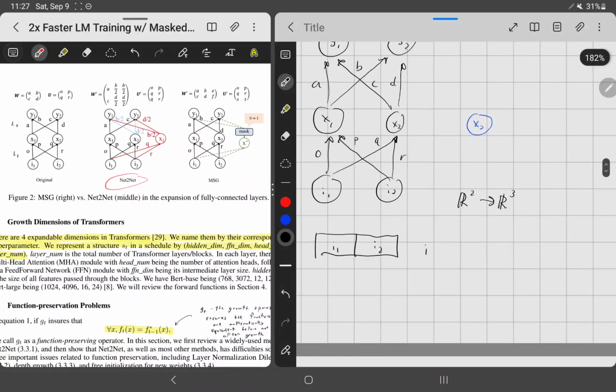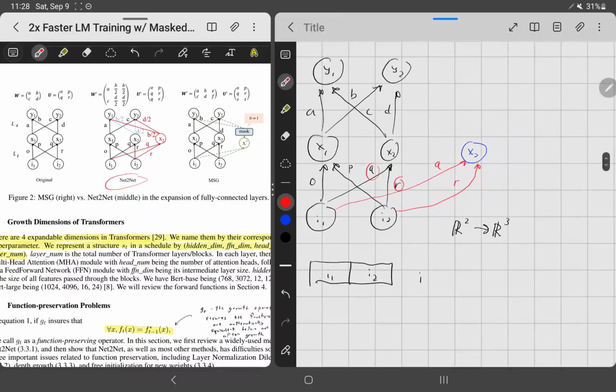Now net2net does this in a way where we basically copy weights Q and R. So let's just arbitrarily copy one of these nodes, and we would copy these weights here, Q and R, and this neuron, or weight multiplication, is the same. So the output here and the output here will be exactly the same because the weights are exactly the same.